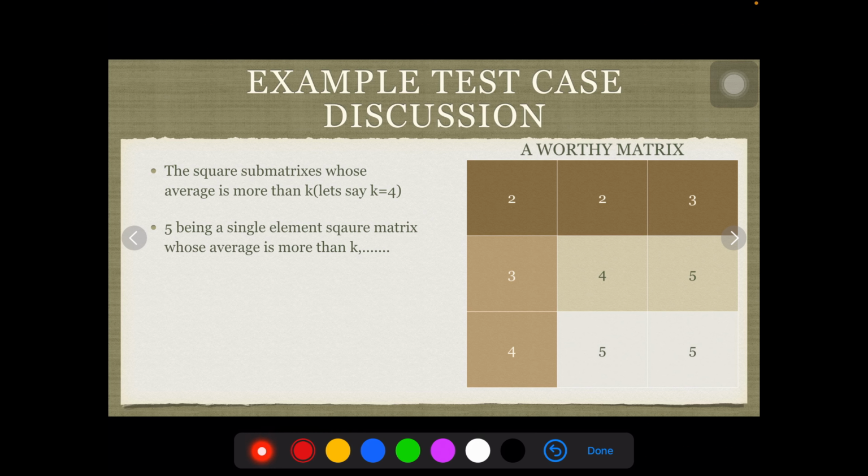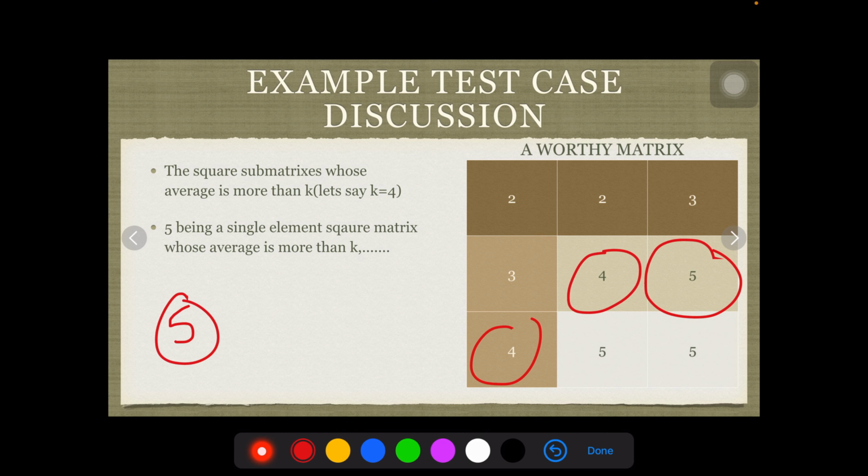Suppose 5 here: it is a one-element square submatrix, and it's greater than 4. There are 3 fives and 2 fours present. They are also greater than or equal to 4. So the number of k-worthy submatrices already is 1, 2, 3, 4, 5, already 5.